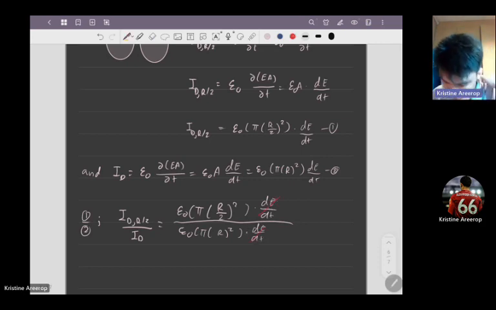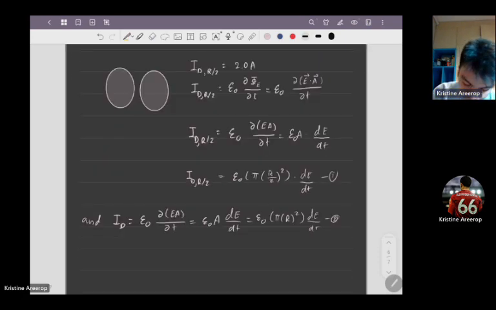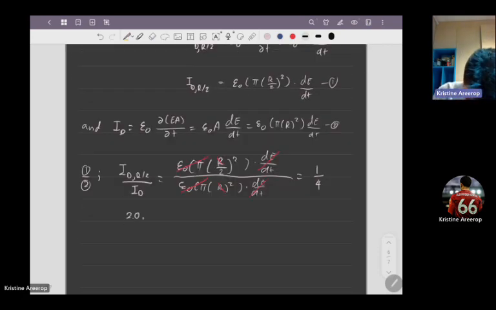The dE by dt cancels together, and epsilon 0 pi cancels together. R squared cancels R squared, so the right hand side has only a quarter. ID for the half of R is 2.0 ampere, so 2.0 ampere by ID equals a quarter, then ID equals 8.0 ampere.